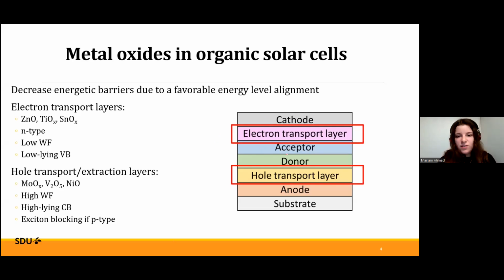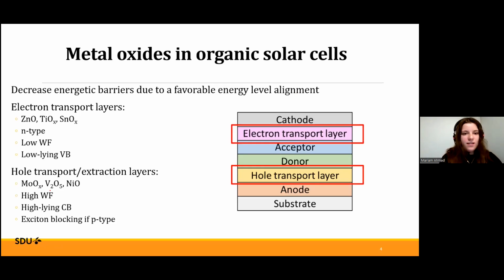And what these electron and hole transport layers do is they basically aid charge transport between the organic active layers and the electrodes due to a favorable energy level alignment at the metal oxide organic interface, which lowers energetic barriers and makes it easier for charges to be transported.